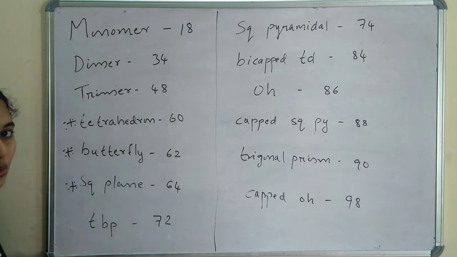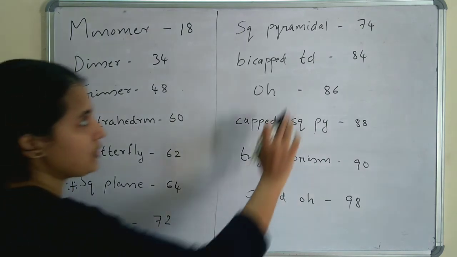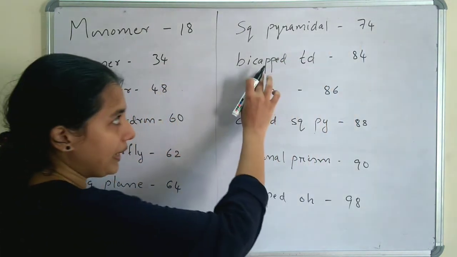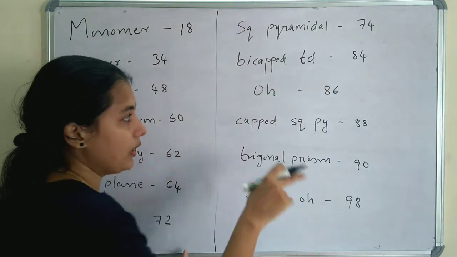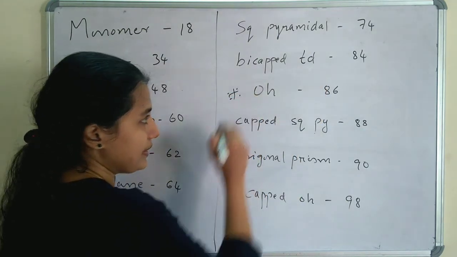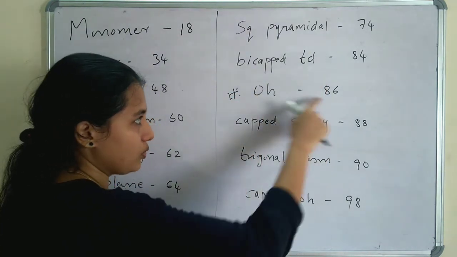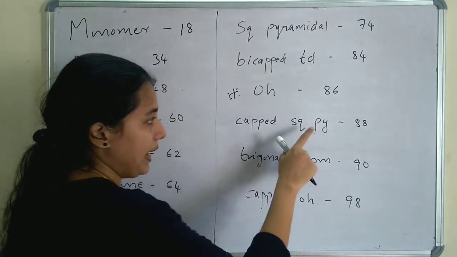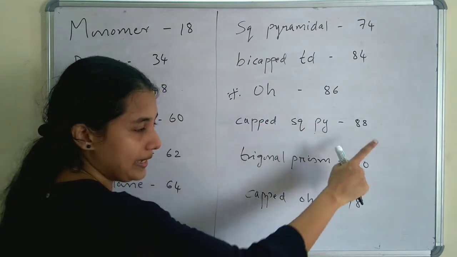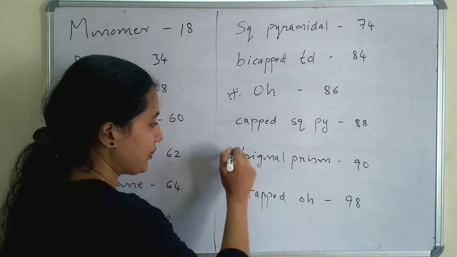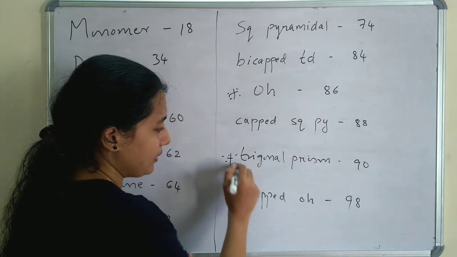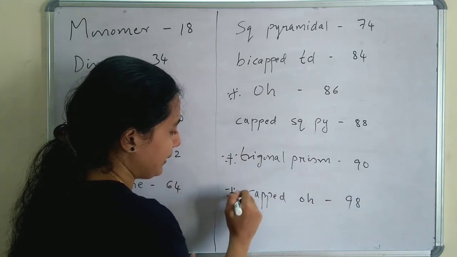Trigonal bipyramidal is 72. If 72 cluster valence electrons are there, then the geometry will be TBP. Then square pyramidal 74, bicapped tetrahedral 84, and octahedral 86. For 86 electrons, the geometry is octahedral. And capped square pyramidal 88, 90 trigonal prism, and capped octahedral 98.